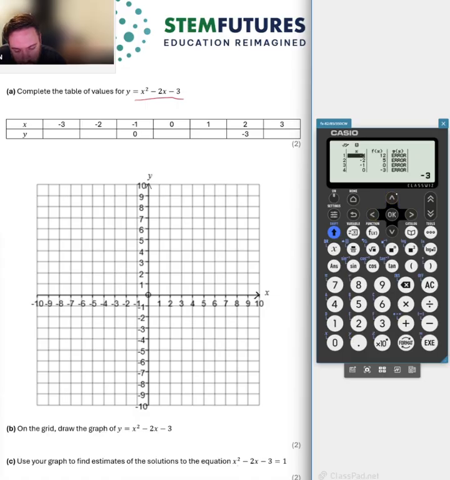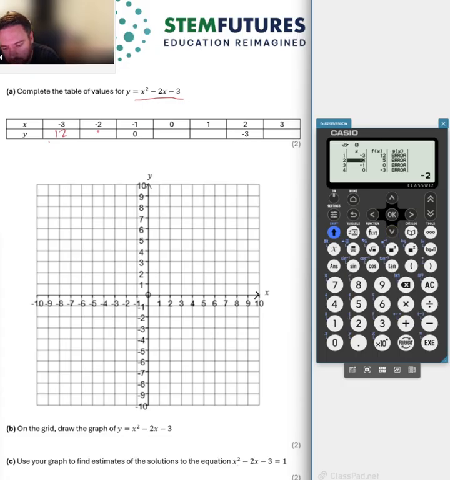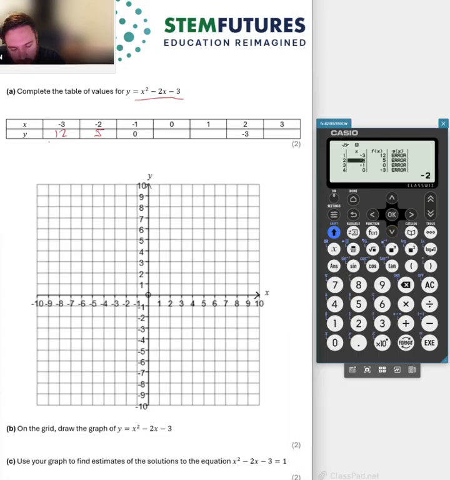So when x is -3, f is 12, and we'll fill that in. When x is -2, f of x is 5. Then we've got -1 is 0, and that's already in here, so we can check that. Let's just rewrite that.